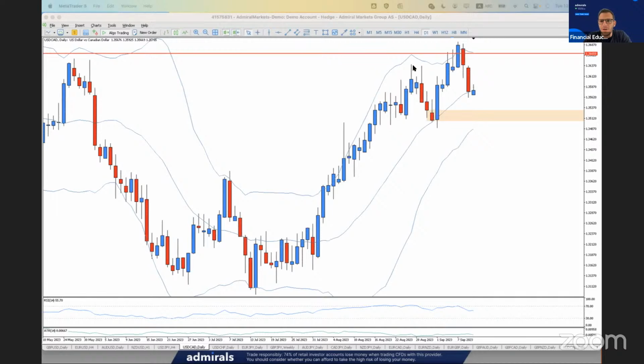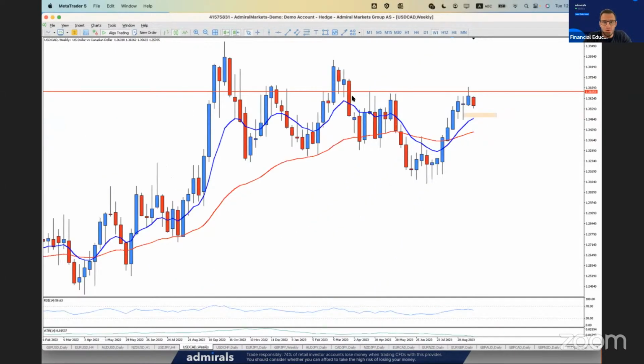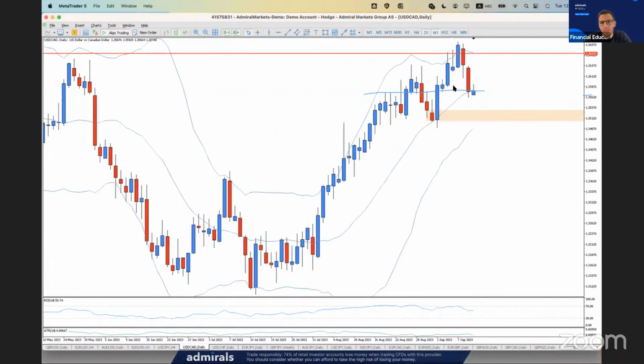Sorry for that. So US dollar against the Canadian dollar. We found a resistance at this area here, 1 point something. Then on the daily chart, a reversal price action inside reversal price action can be considered this candle at resistance, and bearish divergence on the RSI.